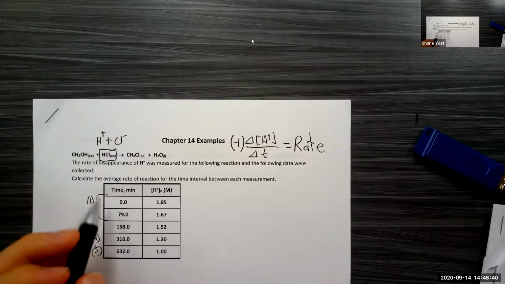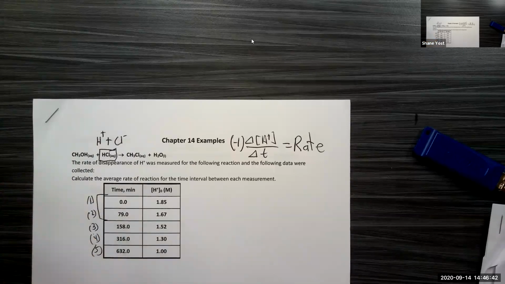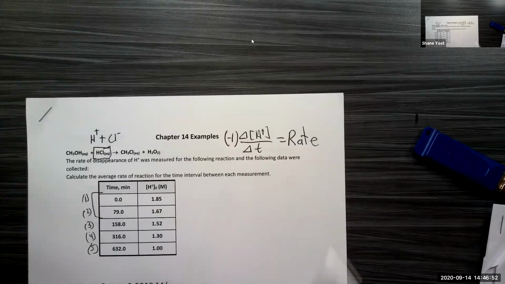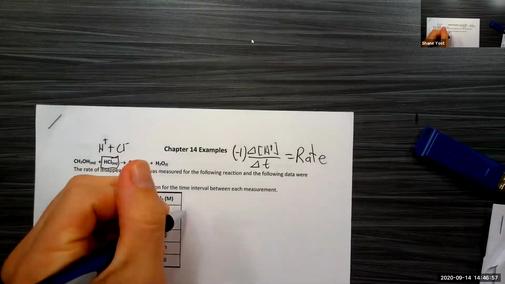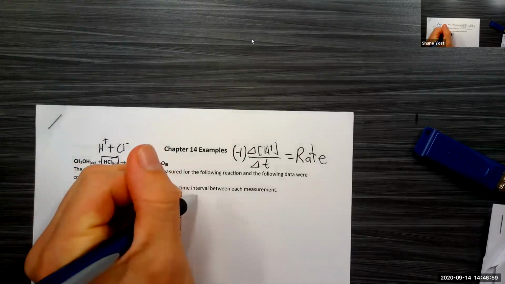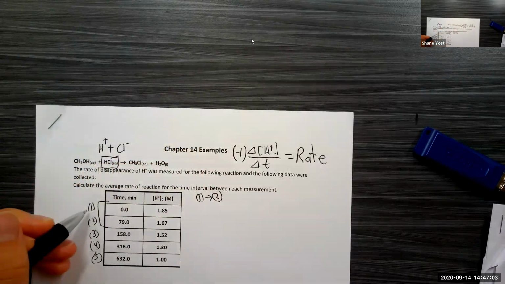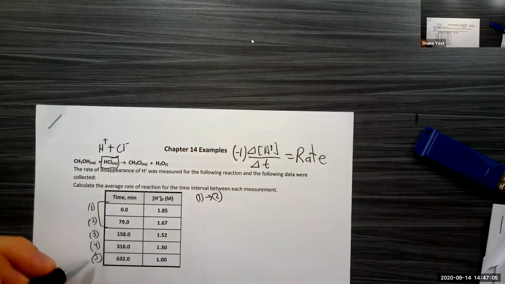I would need to take the time difference, and what else do I need? I need the concentration difference. So for this first set, if I look at the interval between measurement 1 and 2, I'll label these 1, 2, 3, 4, 5.